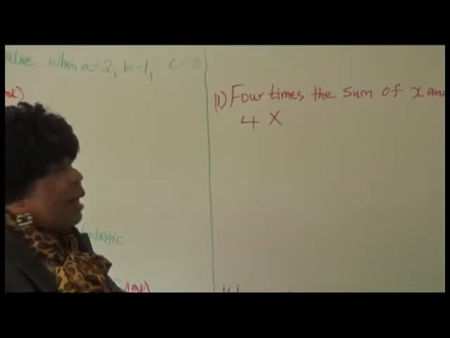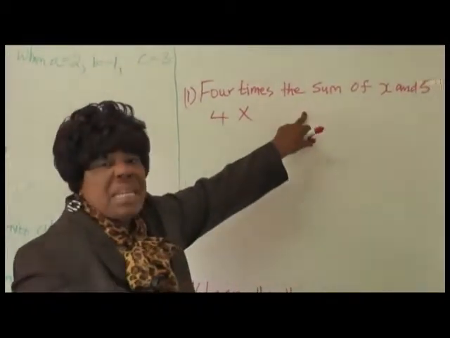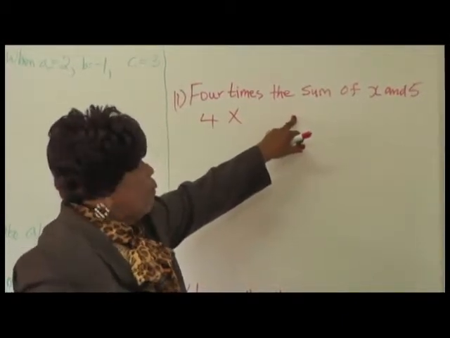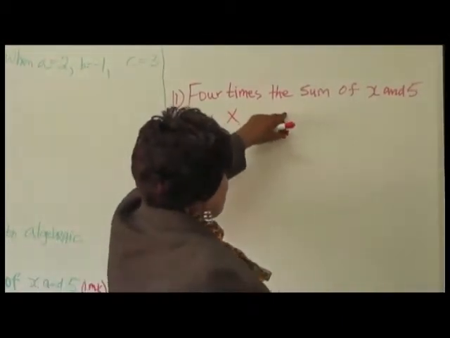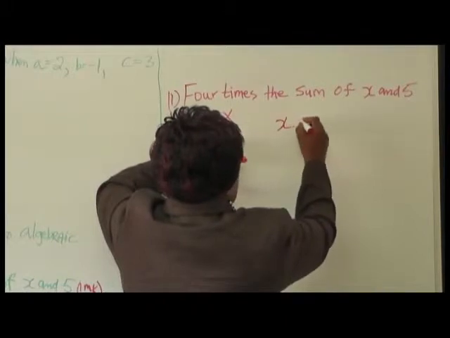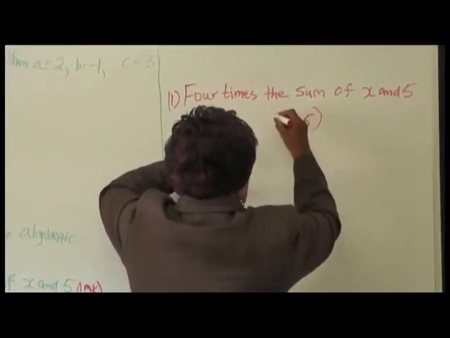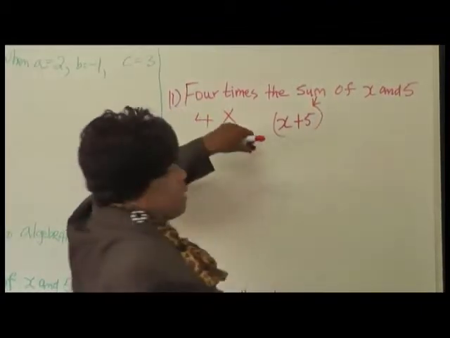And what does sum mean? When we ask you to find the sum of 2 things, and they were giving us x, it has to be plus 5, because when we say the sum, we have got to add.